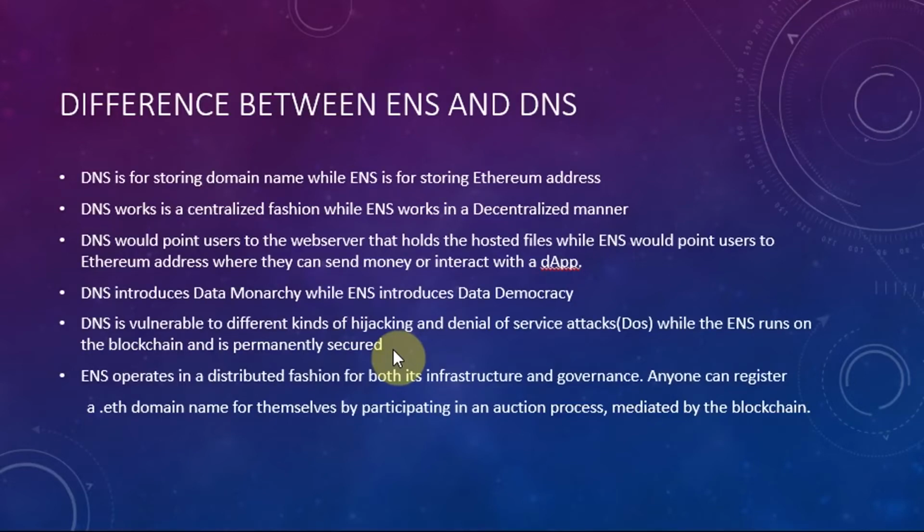With the DNS, there is a central point of control or failure, because the domain names are collected centrally on different servers in the world. While in the ENS, these domain names are distributed. They are decentralized, and not controlled by any single organization or entity. So that's one of the differences between the DNS and the ENS.